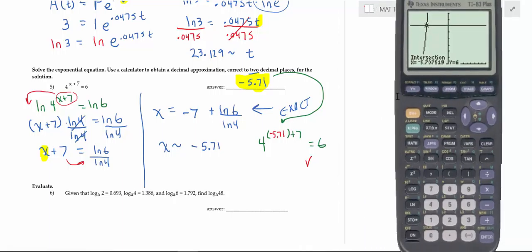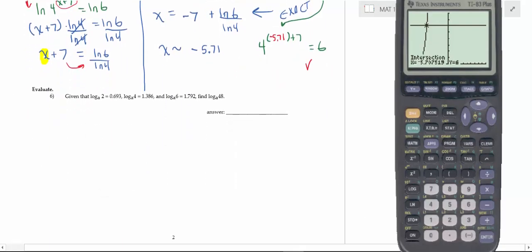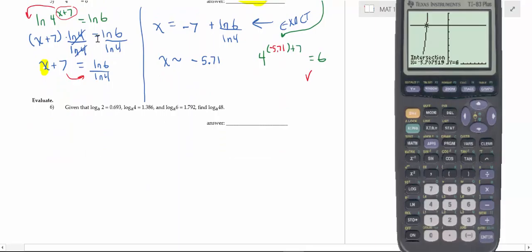The last example I wanted to look at was properties of logs. You're given three things: the log of 2, the log of 4, and the log of 6, and your job is to find the logarithm base a of 48. You have to figure out some way to express 48 in terms of those numbers.